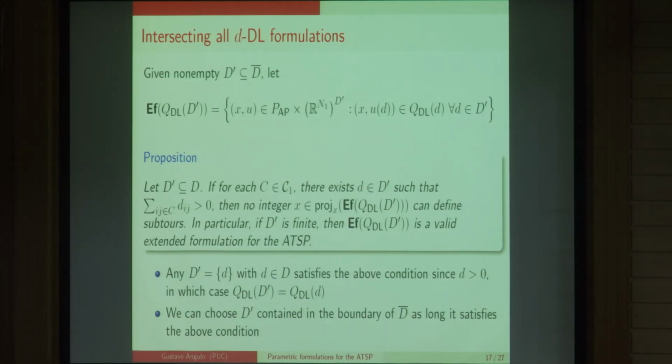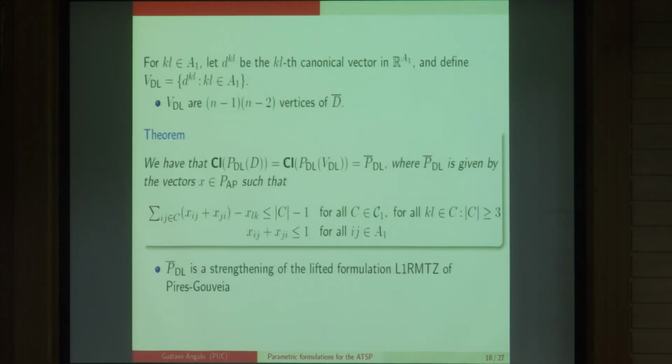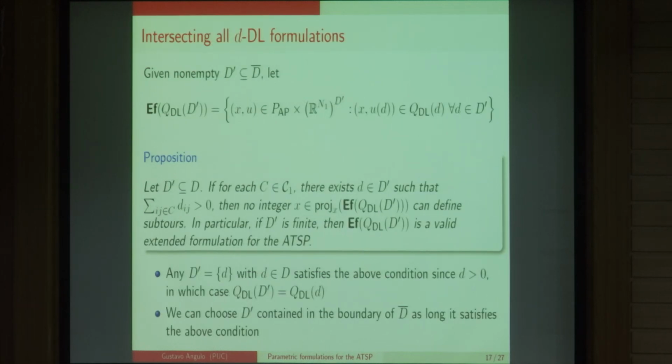Okay. Good. Again, if we take a D prime satisfying this condition and having a finite number of elements, we will get a regular external formulation with a finite number of additional variables and constraints.